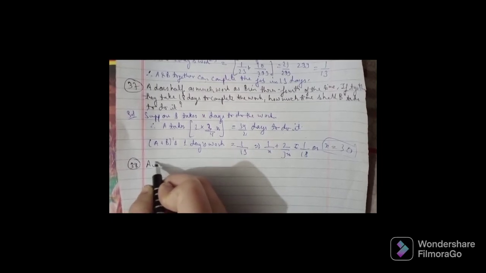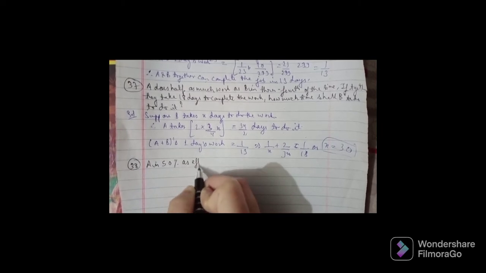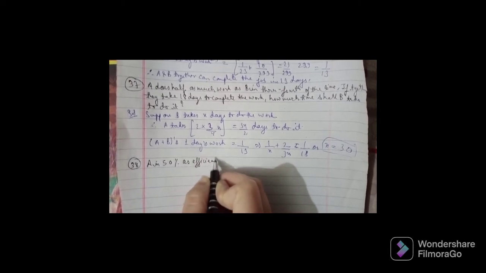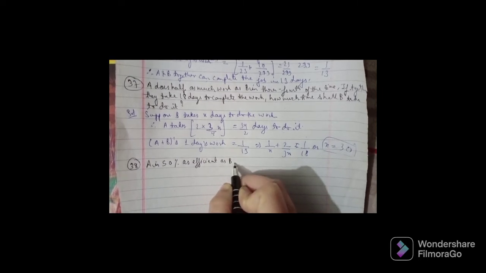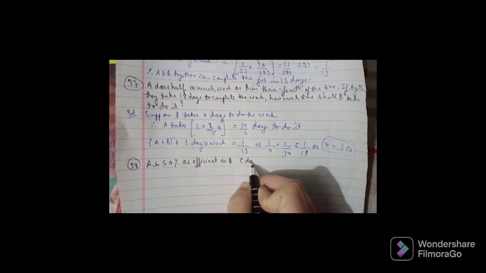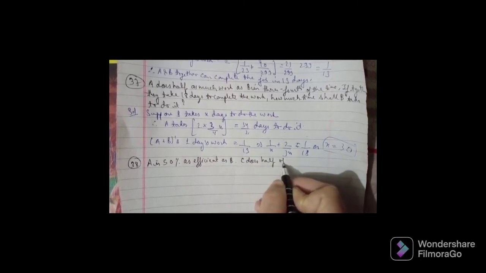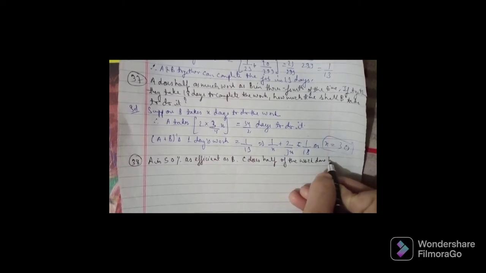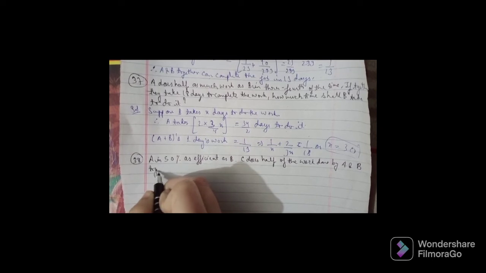A is 50% as efficient as B. C does half of the work done by A and B together.